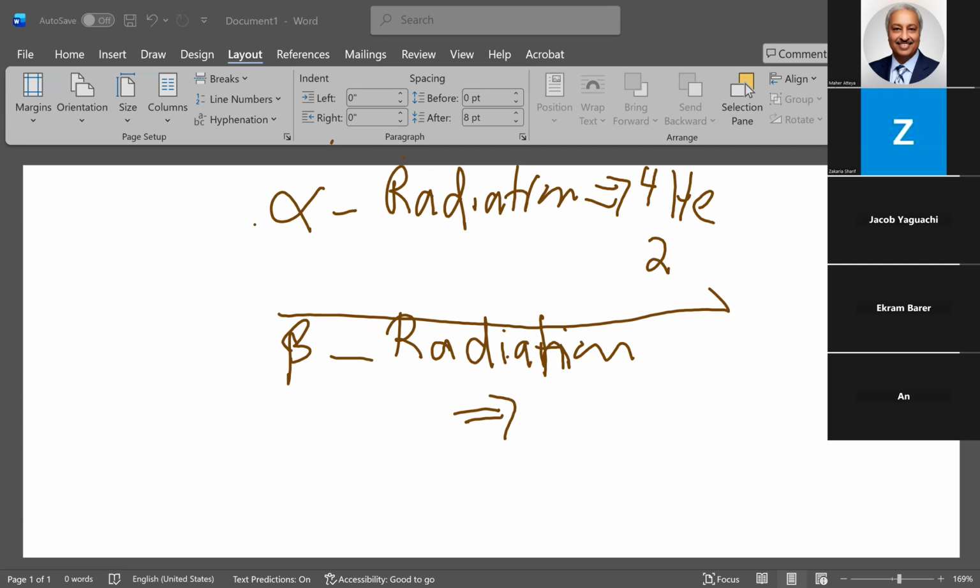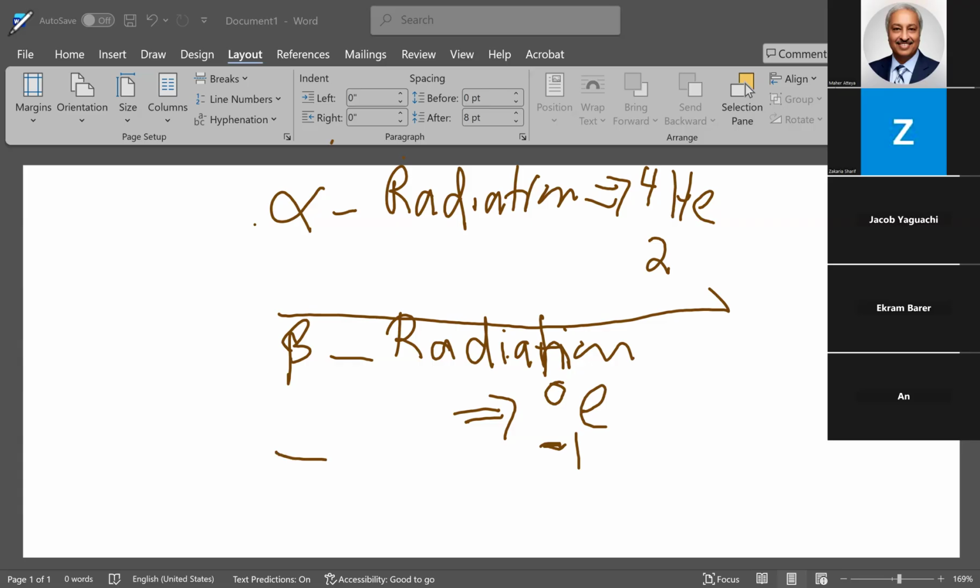No, those are coming from the nucleus itself because of the collision between the components of the nucleus, protons and neutrons, correct? I mean, the beta radiation has no mass, but it has a negative charge. So atomic mass is 0, atomic number is -1. Alpha radiation, atomic number is 2, atomic mass is 4. Beta radiation, atomic mass 0, but the charge is -1.